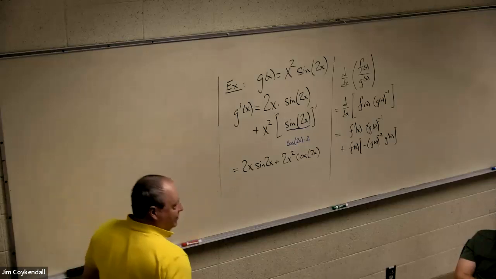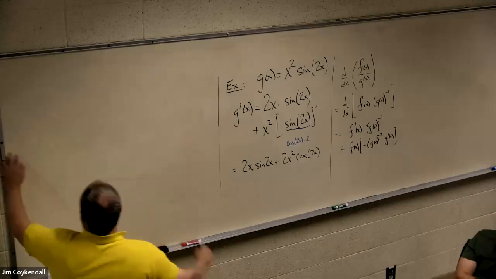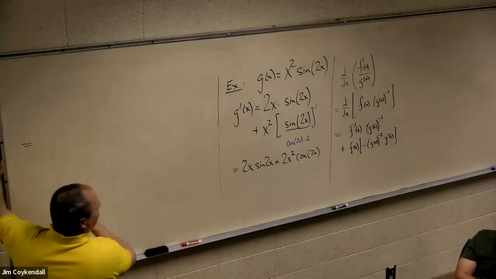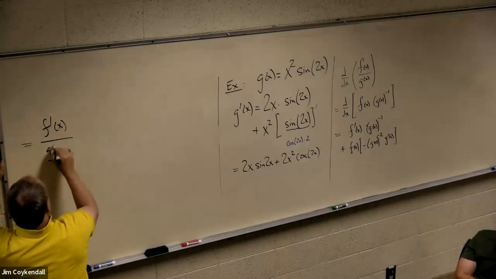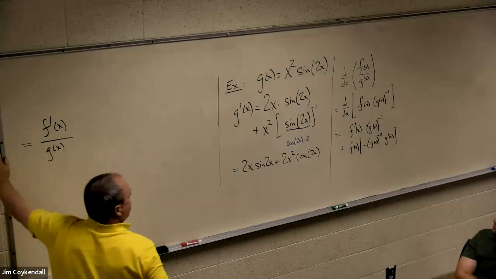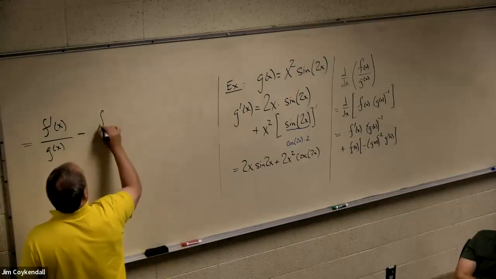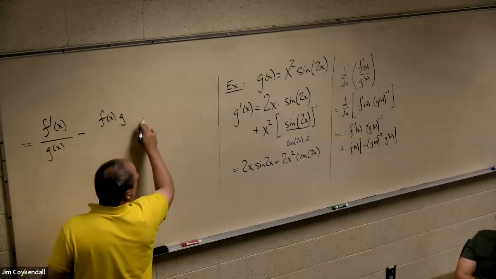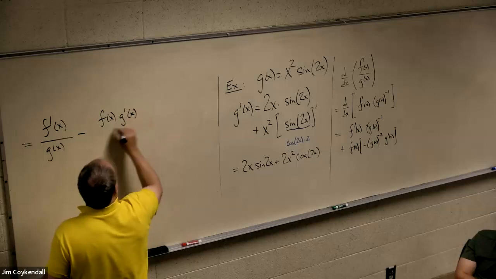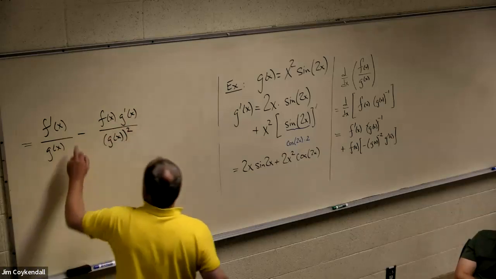Right. So this is f prime of x over g of x minus f of x times g prime of x over g of x squared. Right?